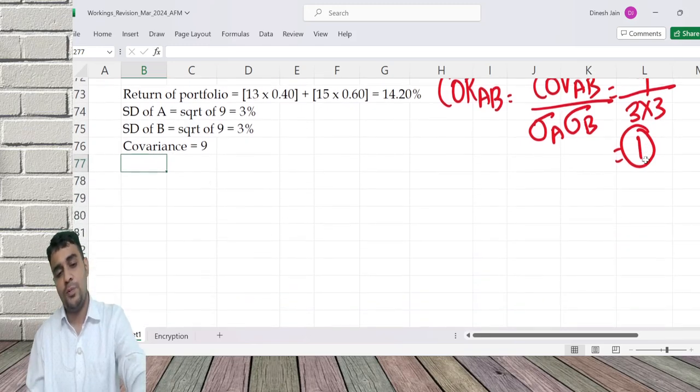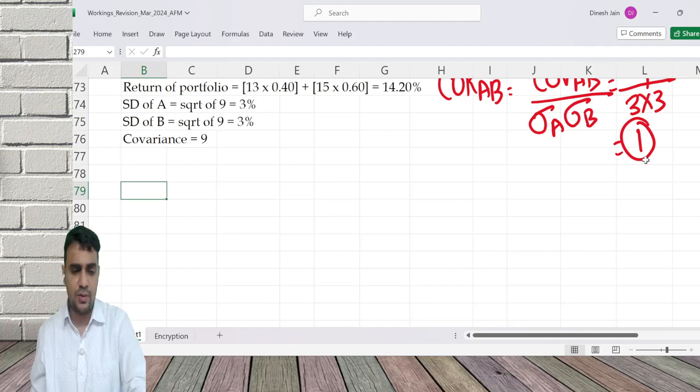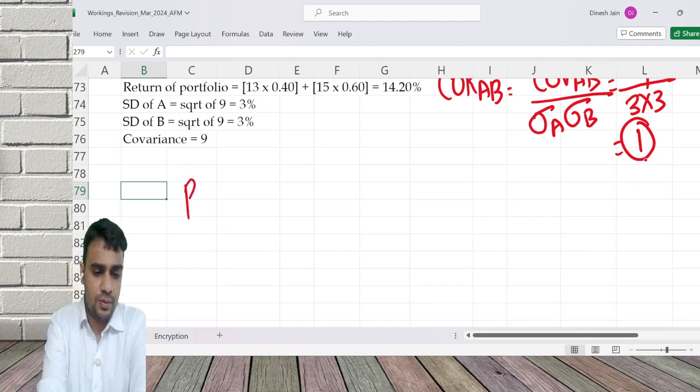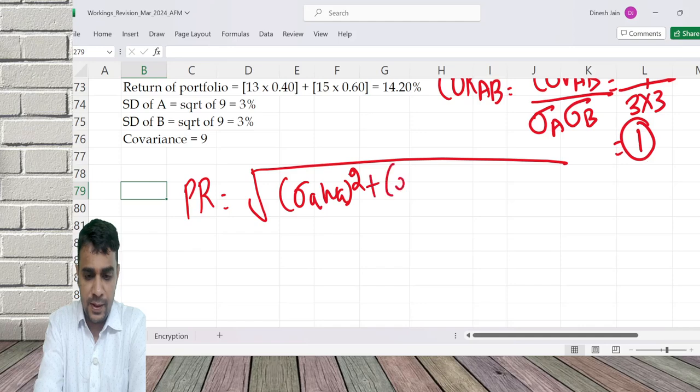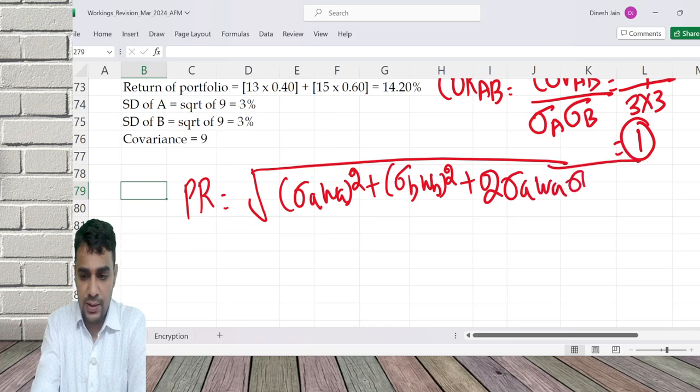All right, portfolio risk is equal to square root of sigma A WA square, sigma B WB square, 2 sigma A WA, sigma B WB, correlation AB.